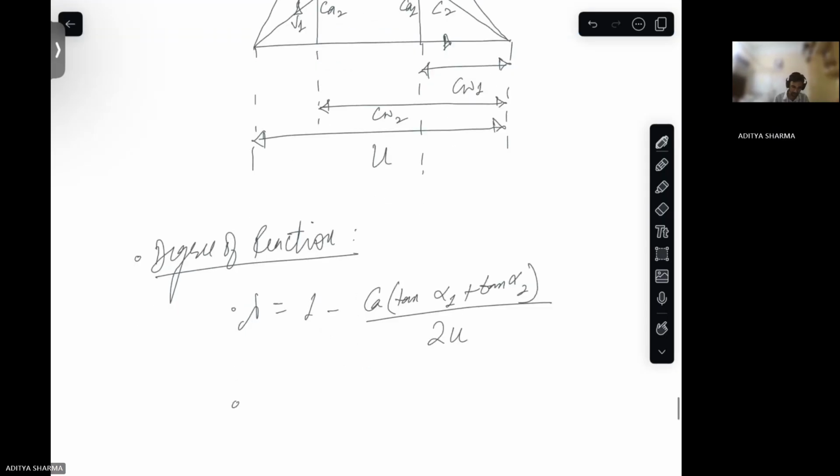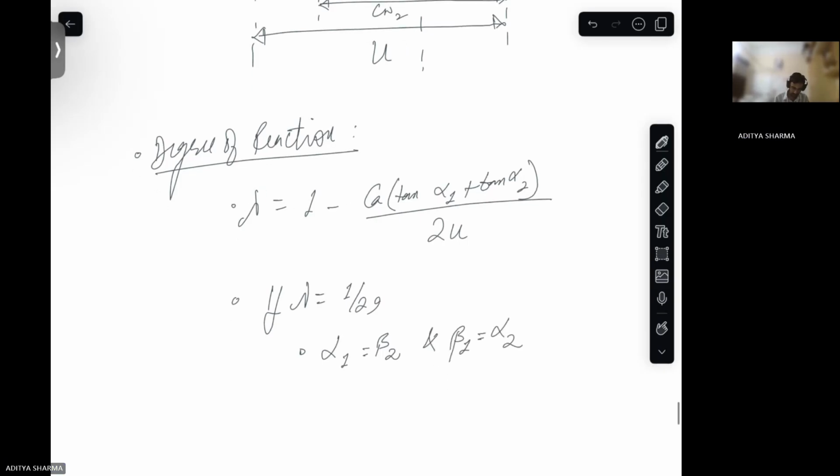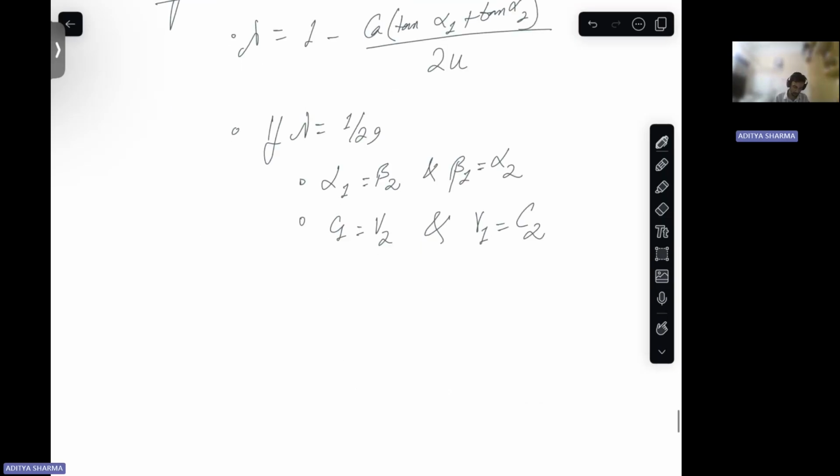Also, if lambda is equal to half, in that case, your alpha 1 is beta 2 and beta 1 is equal to alpha 2. That is, C1 is equal to V2 and V1 equals C2. So this is about degree of reaction.